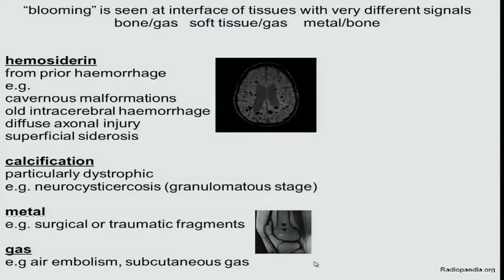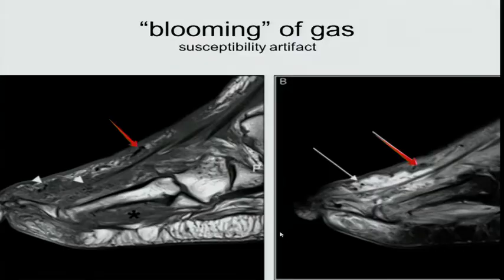Okay, so blooming, like I said before, if we see hemosiderin in the brain, we'll see that blooming artifact. You can see it around vascular malformations that have bled and rebled. You can see it around calcification. I'm sure you guys are used to seeing that around metal when we look at MR, and you can see it around gas.